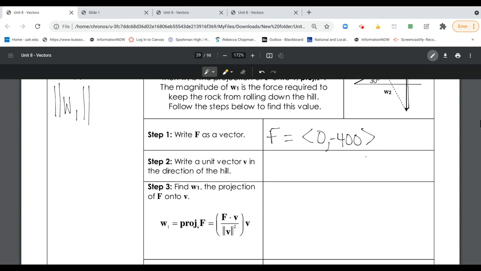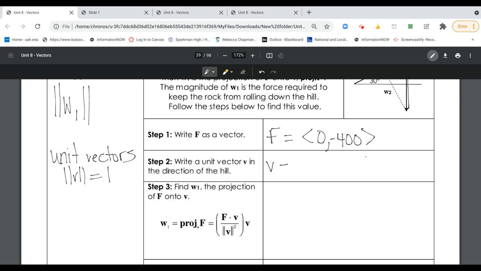All right. Now, we're going to write a unit vector. Remember, unit vectors have a magnitude of 1. And so we're going to write a unit vector in the direction of the hill.